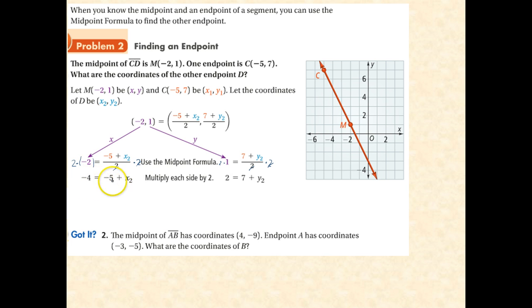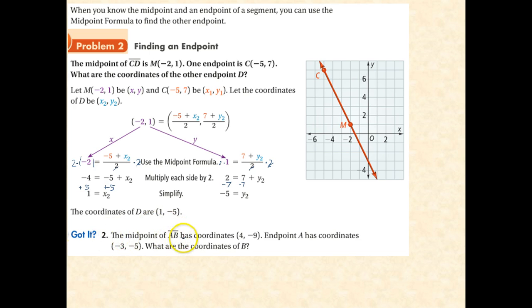We get negative 4 equals negative 5 plus the x coordinate we're looking for, and 2 equals 7 plus the y coordinate. Over here we're going to add 5 to both sides, and over here subtract 7 from both sides, and we get that the x coordinate is 1 and the y coordinate is negative 5. So the coordinates of D are (1, -5).